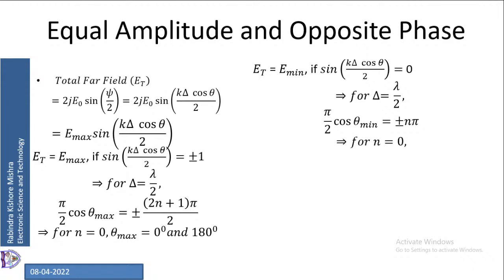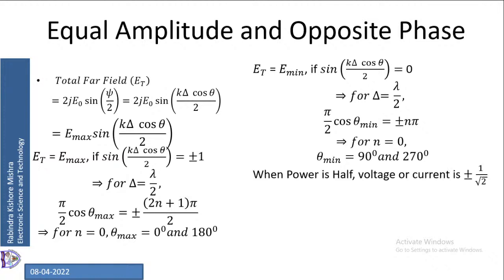In the previous case, for cos theta max it was n pi. Now for cos theta max it is 2n plus 1 pi by 2. In the previous case, for cos theta min it was 2n plus 1 pi by 2, here it is n pi by 2. So for n equal to 0, again theta min is equal to 90 degree or 270 degree.